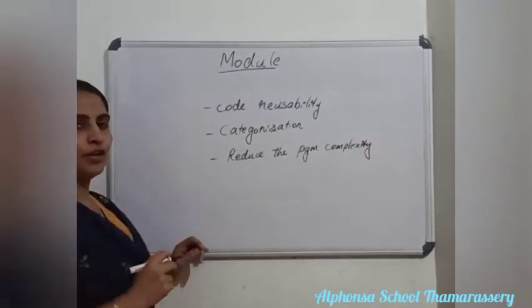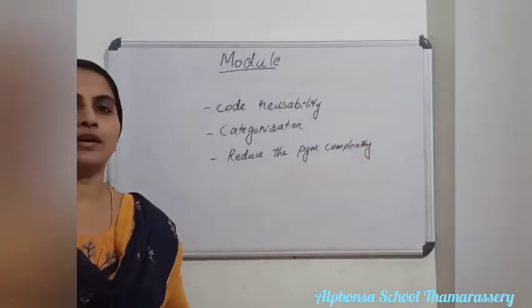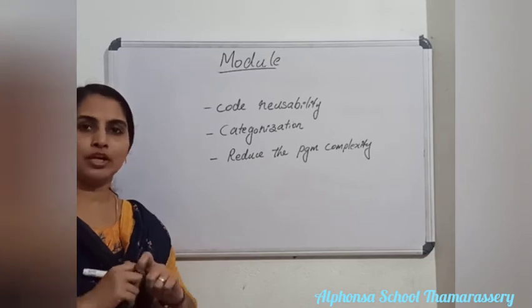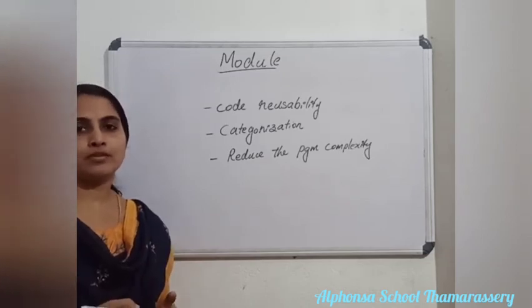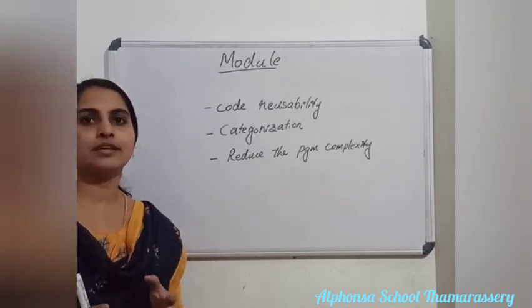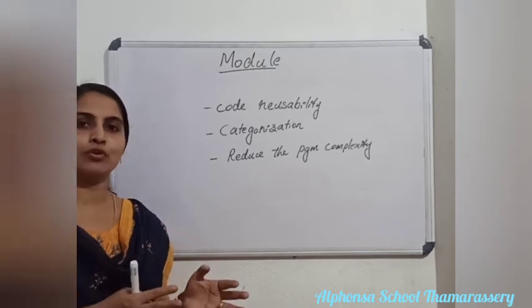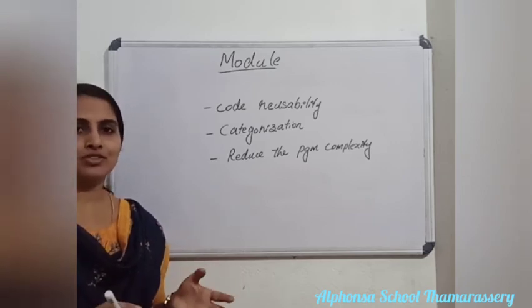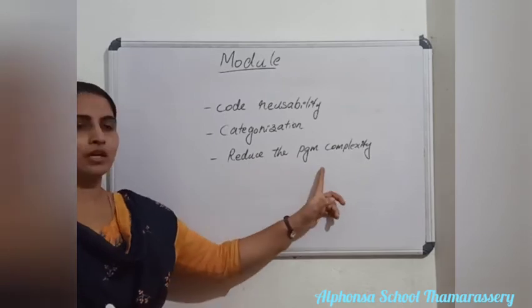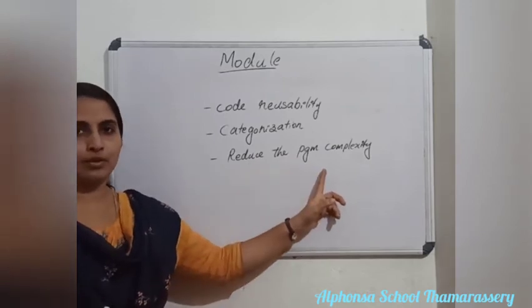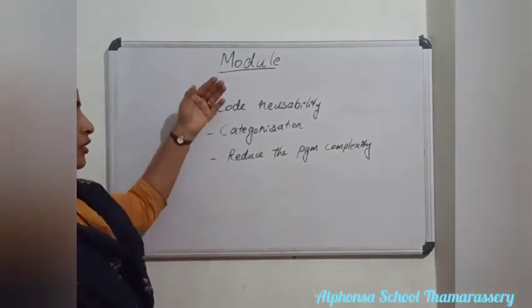For example, if you are computerizing a big organization, there can be quite a number of functions. If you arrange the different functions into different modules based on their nature, then we can reduce the program complexity. So these are the key points connected to the module.